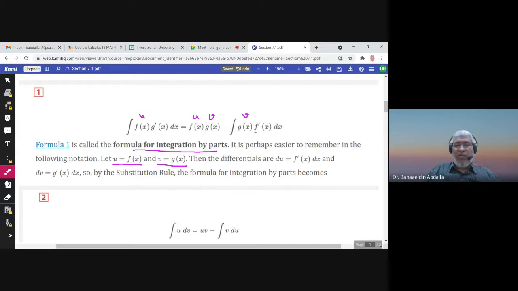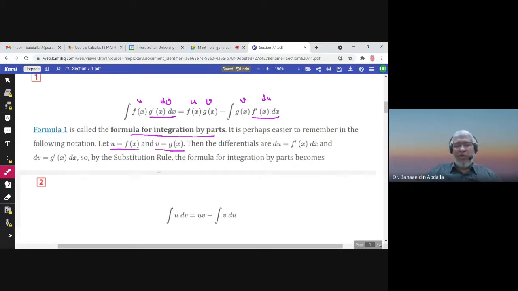And v equals g of x, so dv would be g prime of x dx. So we can write the formula like this: integral u dv equals uv minus integral v du.